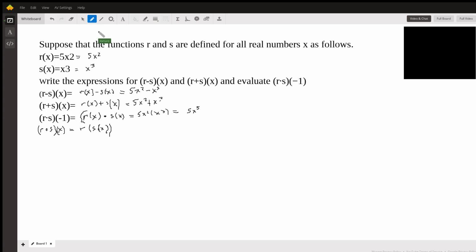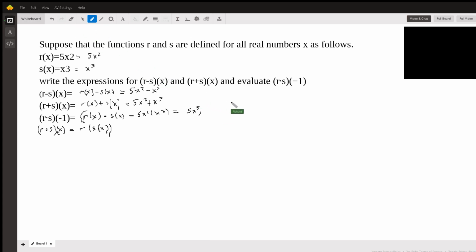Now, as a separate step, so I'll put a little comma here, we want r of s at negative 1. I'll leave it in the original notation. This is just a matter of personal preference.